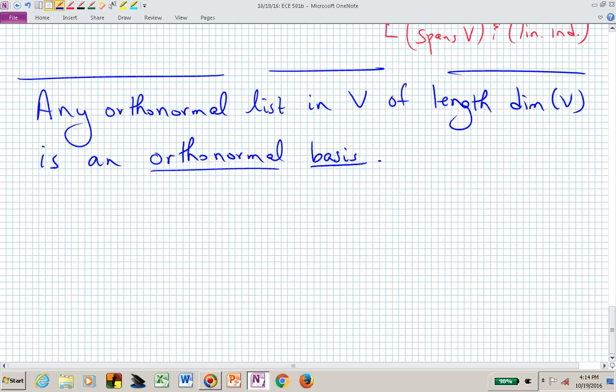So if you build up this orthonormal list and it has the number of vectors equal to the dimension of our vector space, then that forms an orthonormal basis.